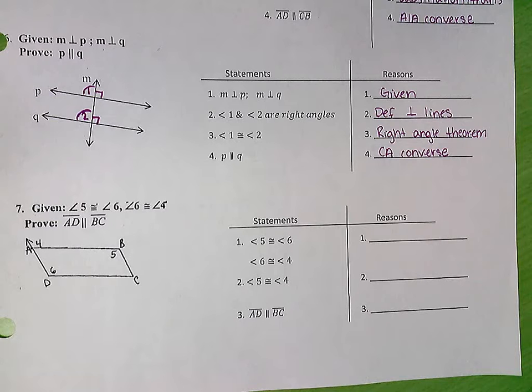What type of angles are 4 and 5? If there's one parallel. That's right.